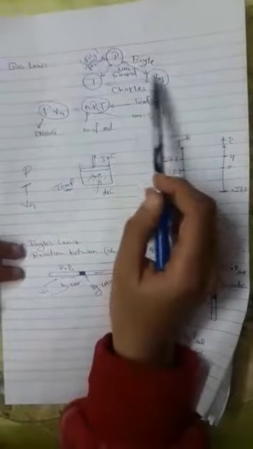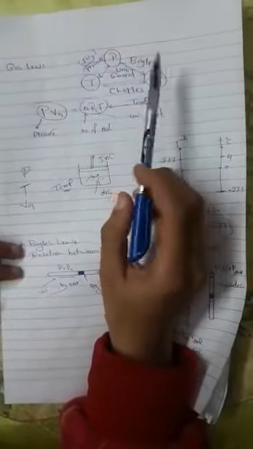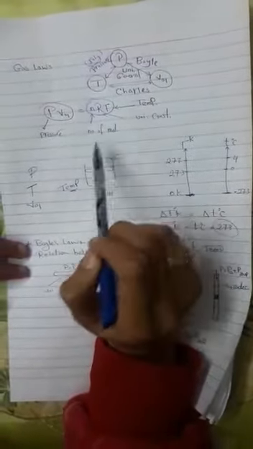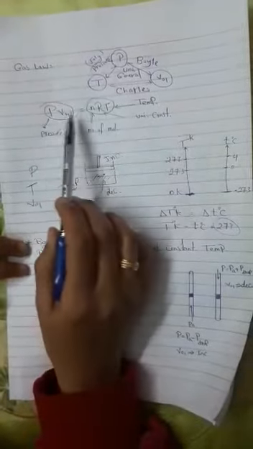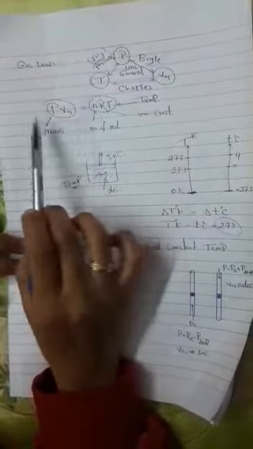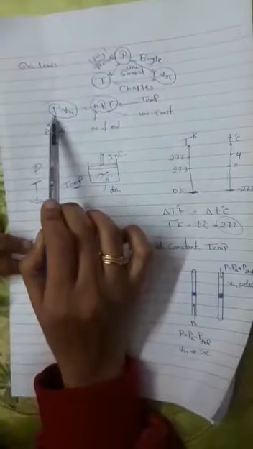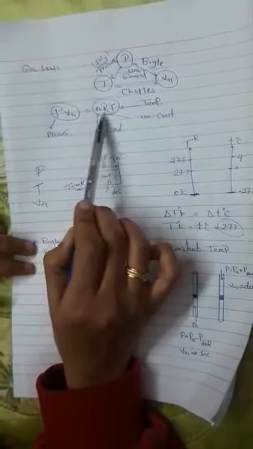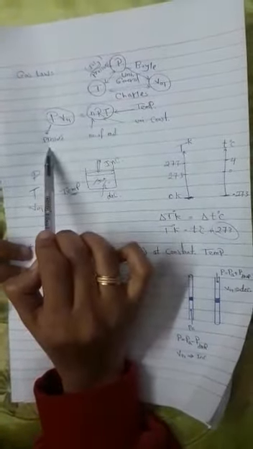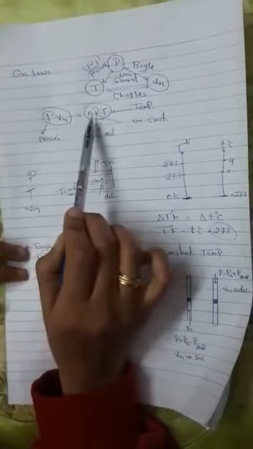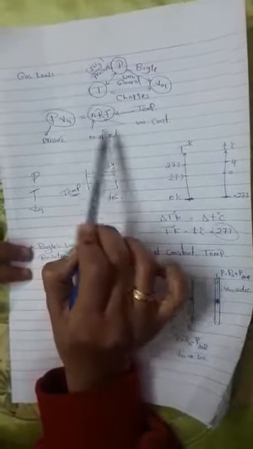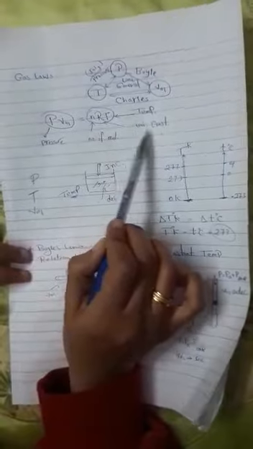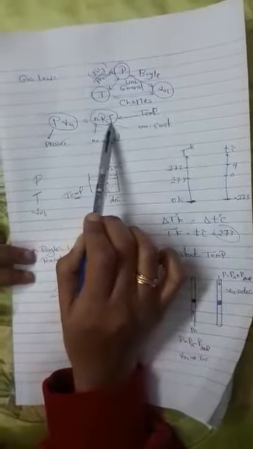The relation between pressure, volume, and temperature is the universal gas law. So we have a rule for that relation: PV = nRT, where P is pressure, V volume, n number of moles, R the universal constant, T temperature.